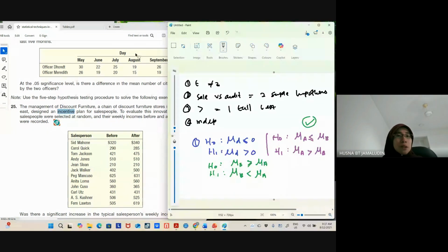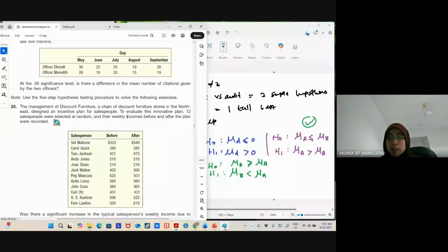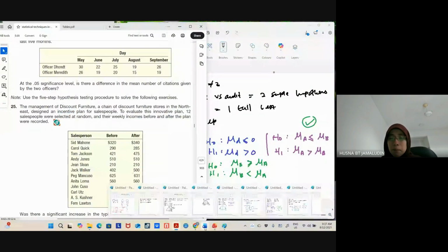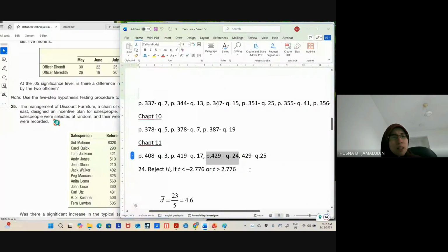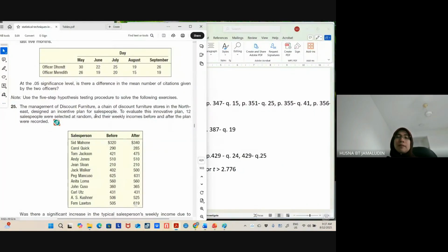Okay, so that's it. I think we have covered all the examples for the formula. We have the lecture, and then we also have tried the examples to cover all the formula.